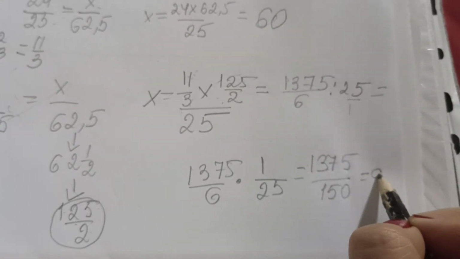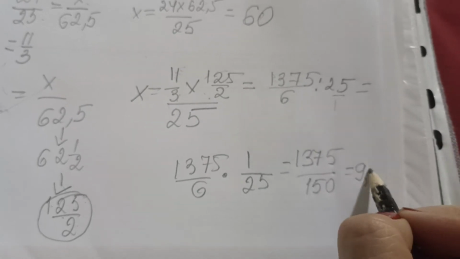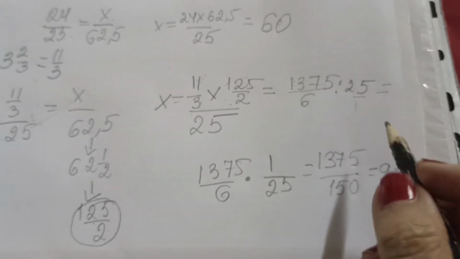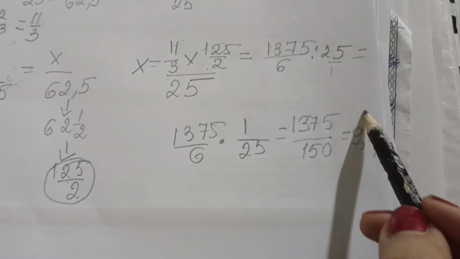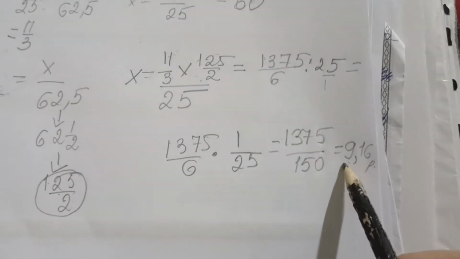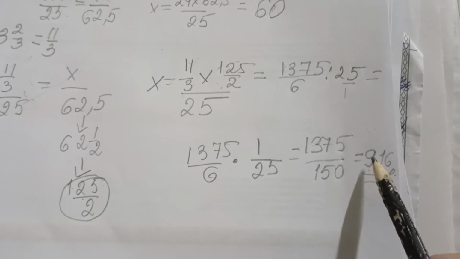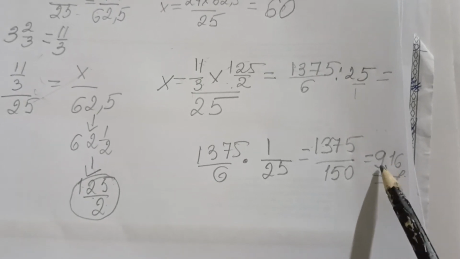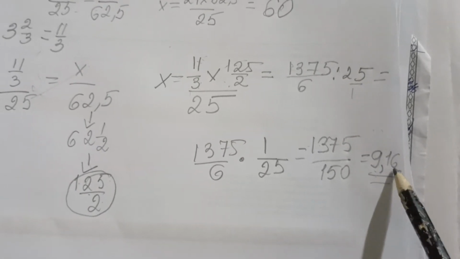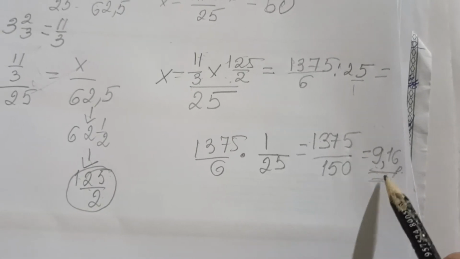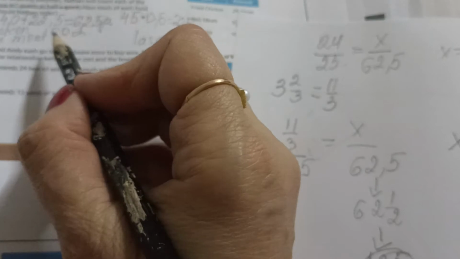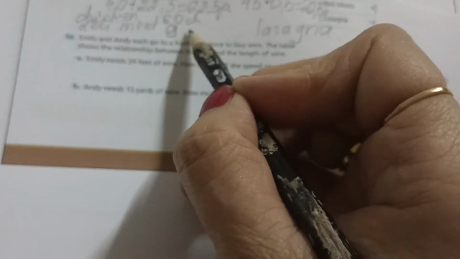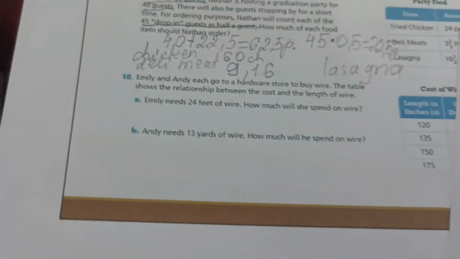It's going to be 9.16 pounds, okay? If on your calculator you will get something with fraction, I don't mind. This is my answer, but it can be something like 9.1 over 8 or something like this, okay? I don't remember, so you may check. So here you write that the limit is going to be 9 and 16 pounds, okay?